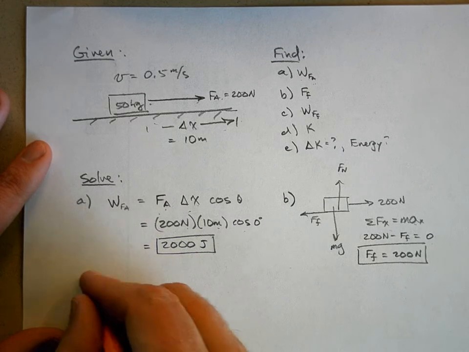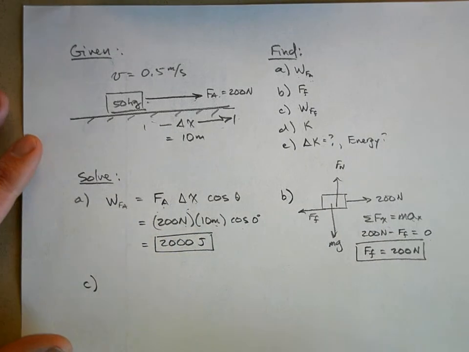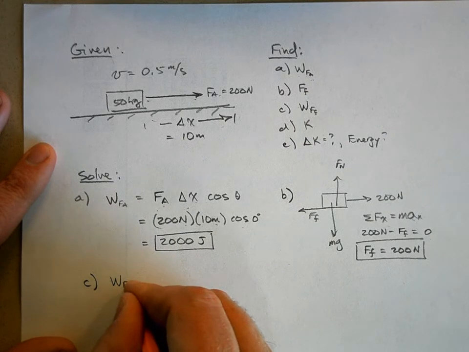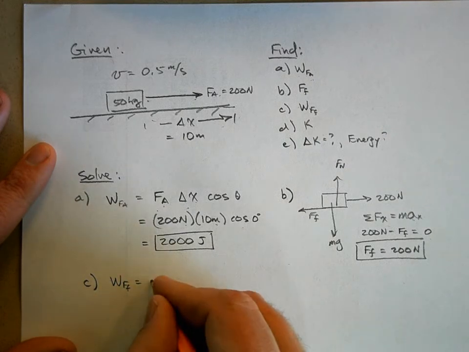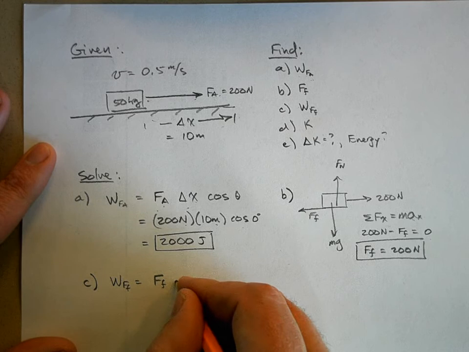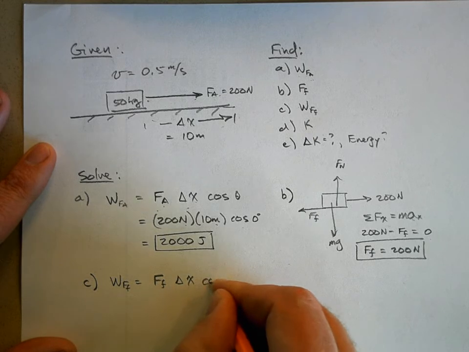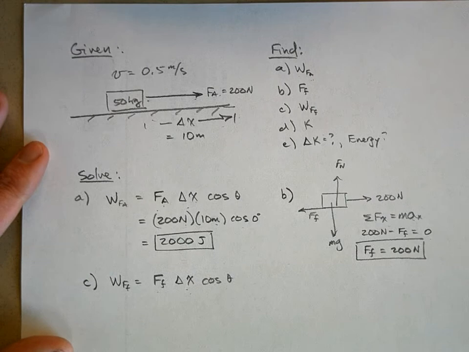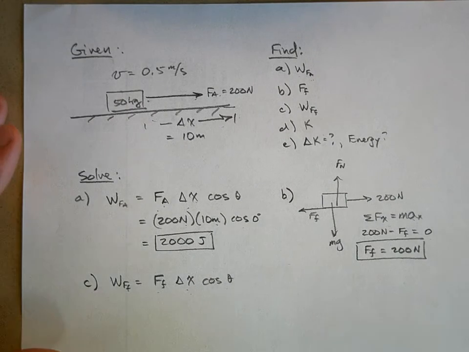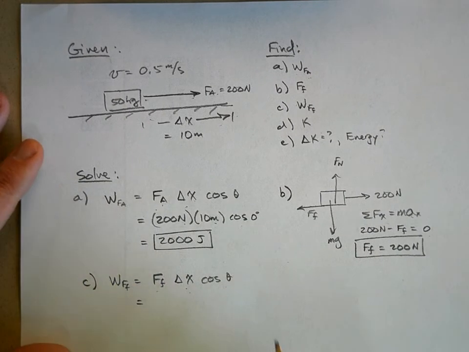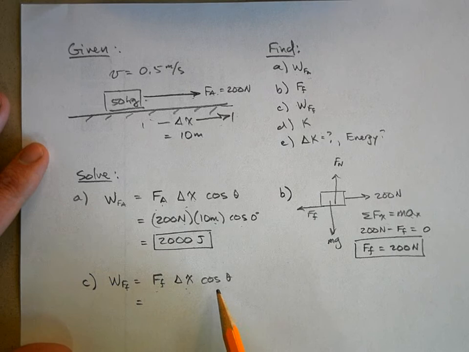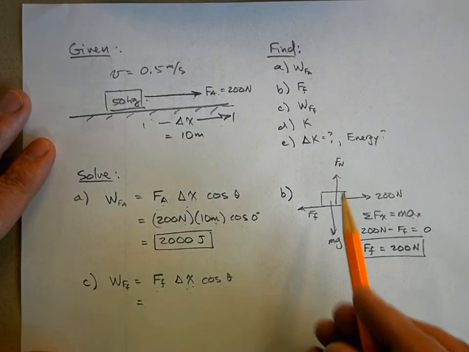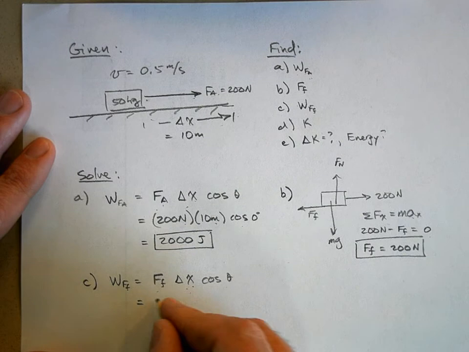Now let's do part C over here. The work done by friction is equal to the force of friction times delta x times the cosine of the angle between this force and this displacement. And here it gets a little bit trickier. This is why I reminded you to think about the angle between the force and the displacement. If I look at the force of friction, it's just 200 newtons.